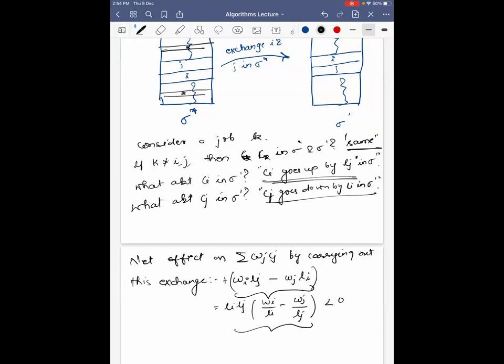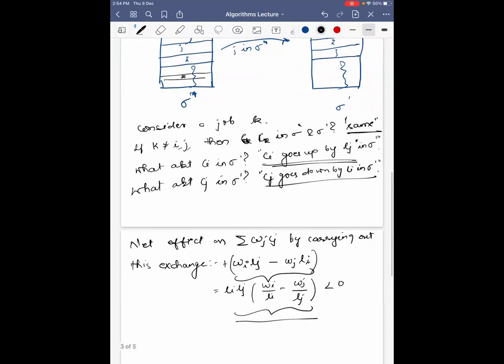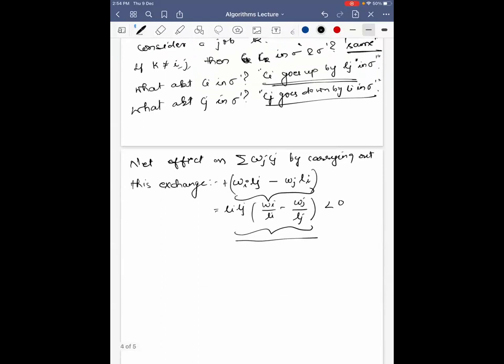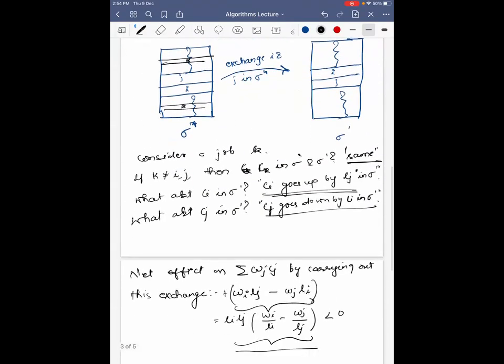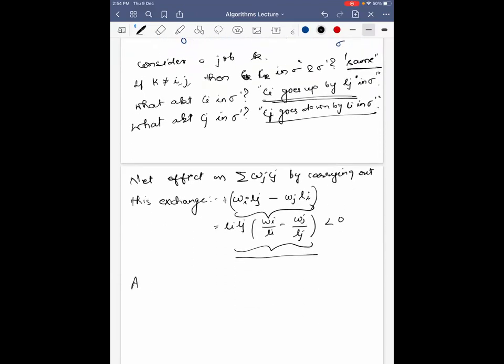Remember, we are ordering the jobs in the decreasing order of their weights. Sorry, not weights, the ratios. So this quantity is less than 0. Haven't we obtained a contradiction? Because we are able to reduce the optimal function from the optimum solution.